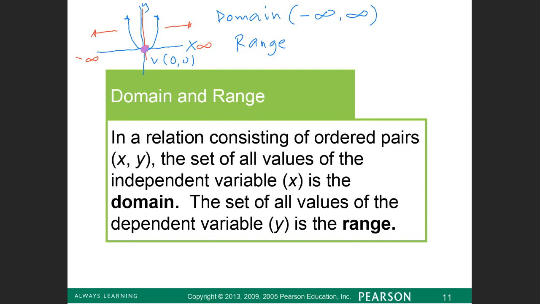So you use a bracket because that's part of the graph, 0, comma, and then it goes up. The parabola is pointing upward, so it reaches positive infinity, and that would be our range.